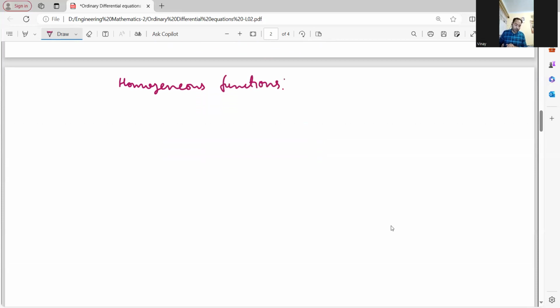When you understand homogeneous functions, how do you define a function to be homogeneous? Let's say you have a function f(x, y), and you replace x with tx and y with ty. What will you get? f(tx, ty).